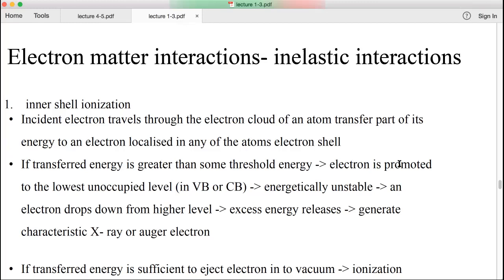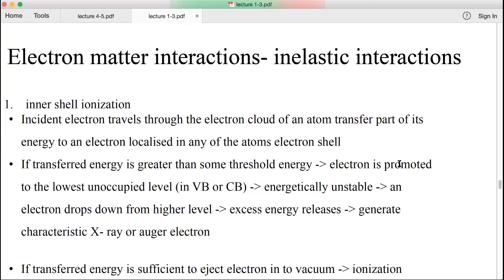Or what happens if you provide not the binding energy but energy smaller than the binding energy? Maybe, just maybe, you will promote this electron from a lower energy level to a higher energy level. Now what happens if the electron is promoted to the lowest unoccupied level in either the valence band or conduction band? This becomes energetically unstable, because we all prefer to be in the ground state, right?